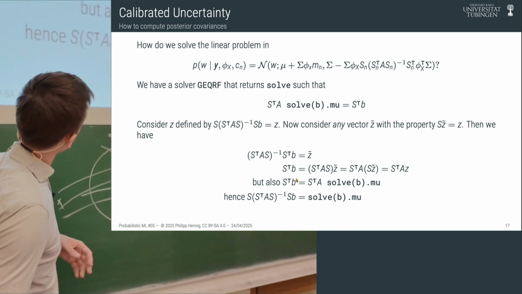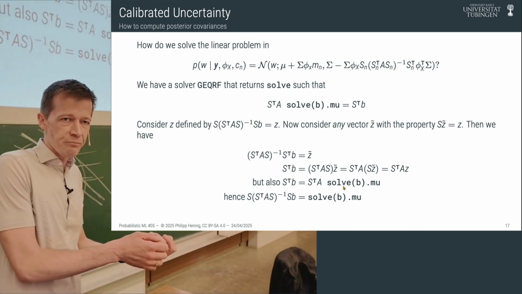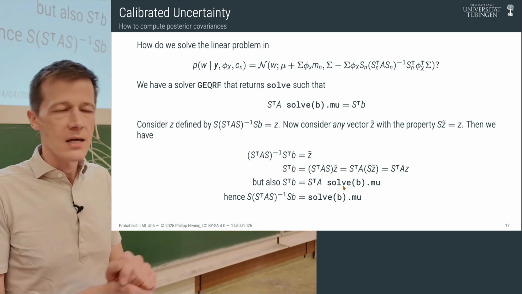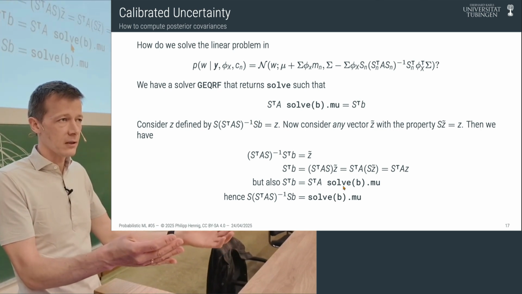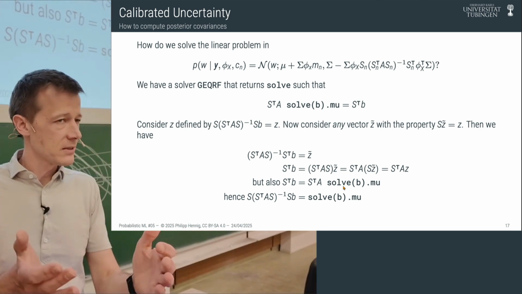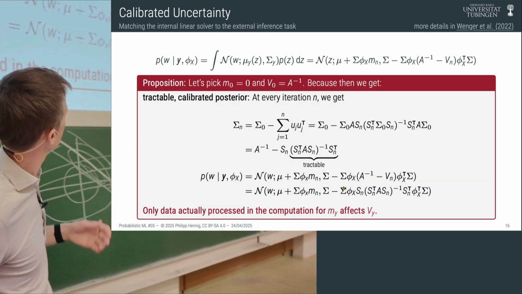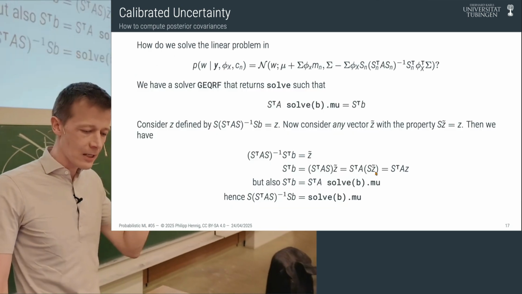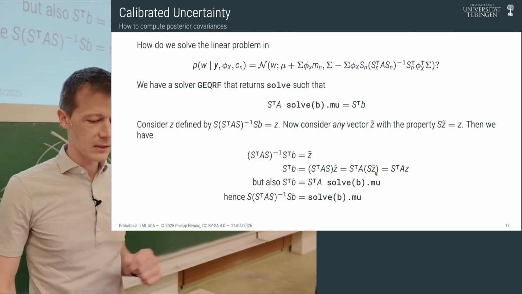And then its solver function that it returns can be used to compute both the posterior mean and the posterior covariance in such a way that at initialization, the algorithm doesn't do anything, and after, as it runs, it gives us a calibrated posterior. There's even theorems that you can find in the corresponding paper, the one up here, that shows that this posterior is actually calibrated in the sense that it's always a worst case bound on the actual error, and so everything kind of works out fine.